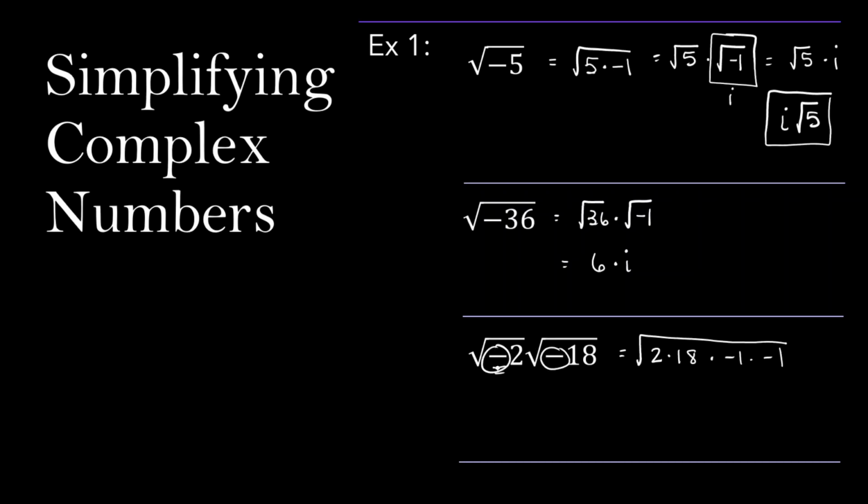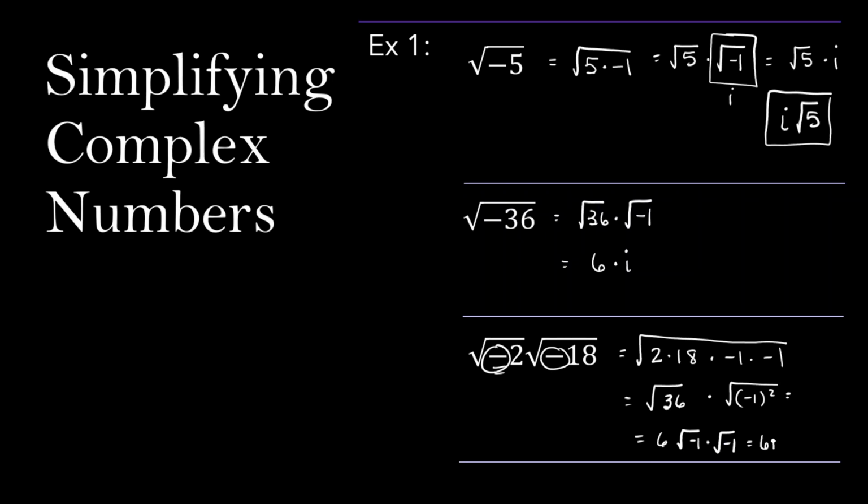All right. So 2 times 18 is 36, and the square root of 36 is 6. The square root of -1 squared, well, that's like the square root of -1 times the square root of -1.